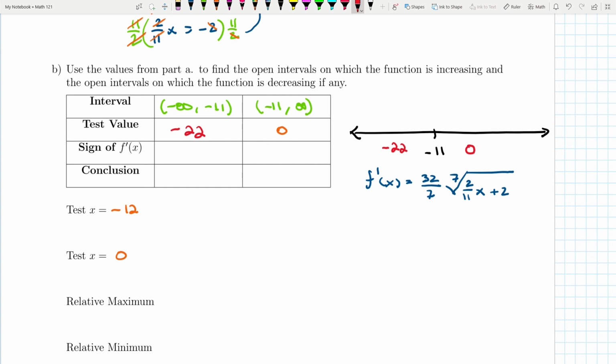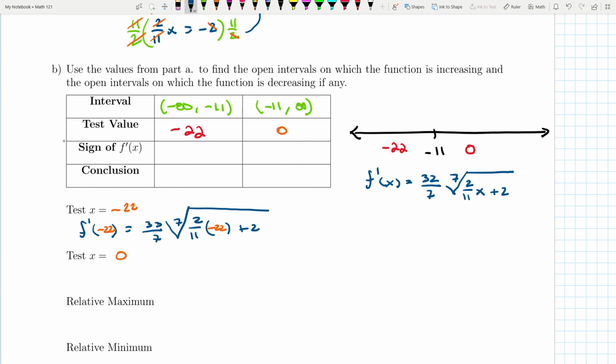So in this case, let's test negative 22. Let me change it over here as well. The derivative f' evaluated at negative 22 will be 32 over 7 times the 7th root of 2 over 11 times negative 22 plus 2.